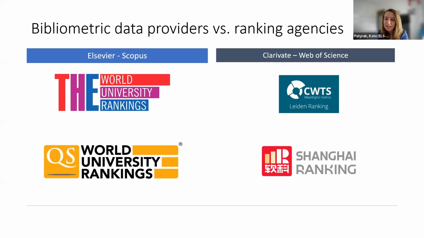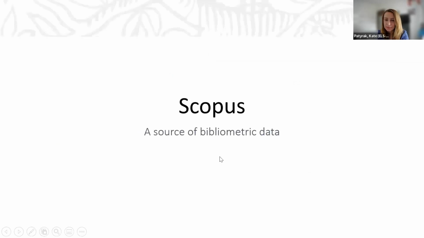Now THE is sending the surveys on its own. Also, the Shanghai ranking is using Web of Science data for the Academic Ranking of World Universities, and CWTS Leiden also uses Web of Science data for part of its ranking.